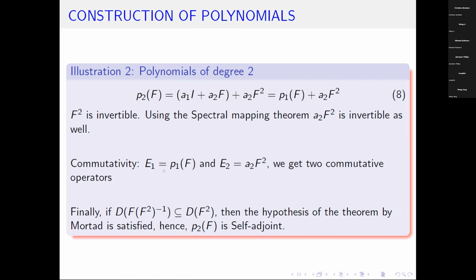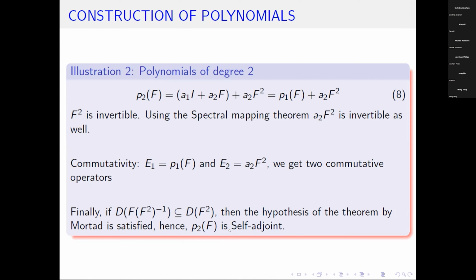Therefore, if we take E1 to be a polynomial of degree 1 and E2 to be the third term in the polynomial of degree 2, then they will commute so long as we choose the domain to be the smallest possible domain, which is the domain of F squared, F power 2. Therefore, if this condition is satisfied, that the domain of F acting on the inverse of F2 is contained in the domain of F, then the hypothesis by Motard is satisfied, and therefore this P2 will be self-adjoint.